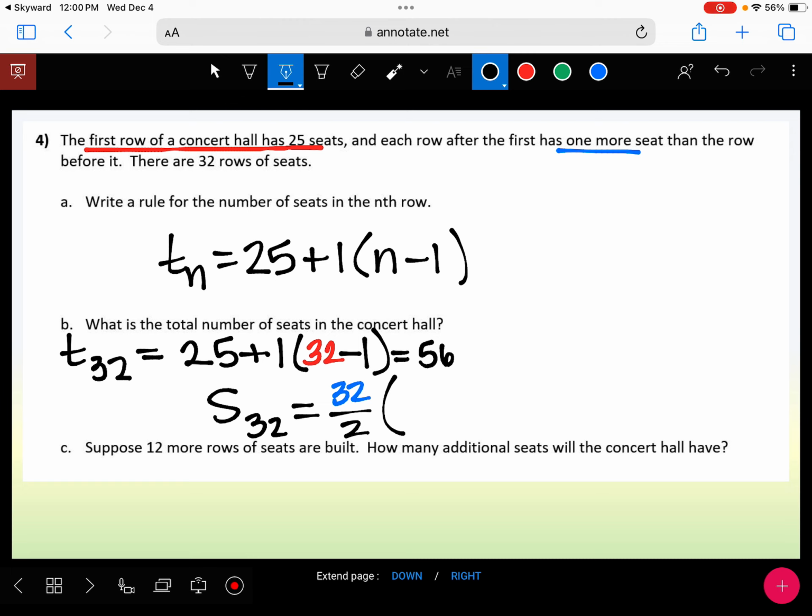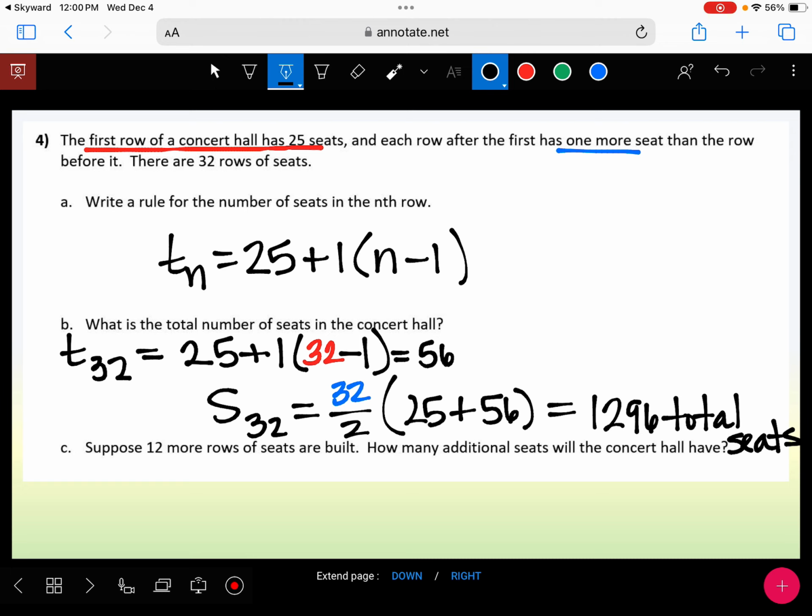Multiply that by how many seats are in the first row, which we said was 25, plus how many seats are in the last row, which is 56. Anybody else get that answer? 1,296.